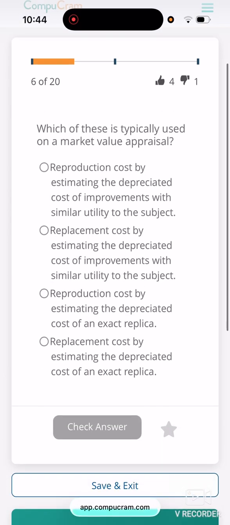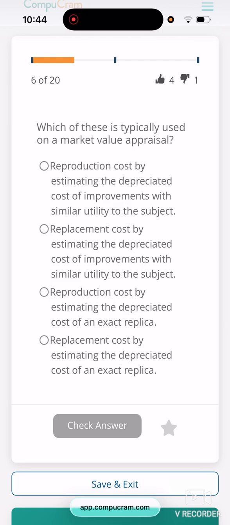All right, question number 6. Which of these is typically used on a market value appraisal? Reproduction cost by estimating the depreciation cost of improvements with similar utility to the subject. Replacement cost by estimating the depreciated cost of improvements with similar utility to the subject. Reproduction costs by estimating the depreciated cost of an exact replica.